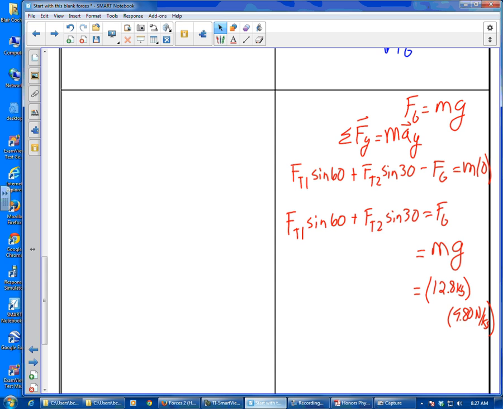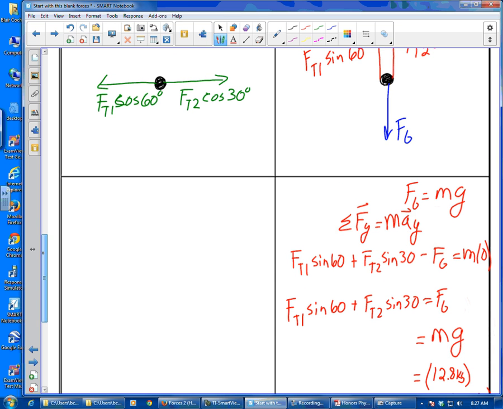So this is where I switch over to the other side and say sum of the forces in the x, m a x. And I do Ft1 cosine 60, have to be negative, plus Ft2 cosine 30 degrees equals m times 0.